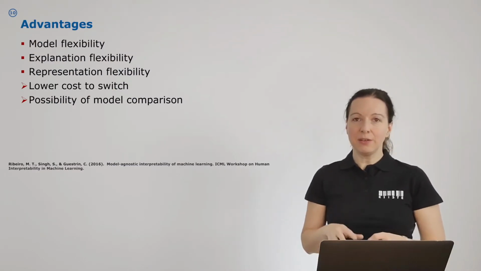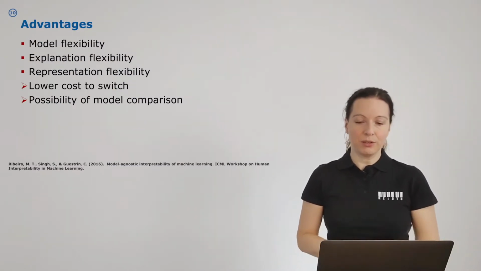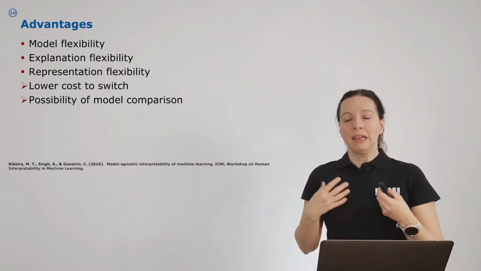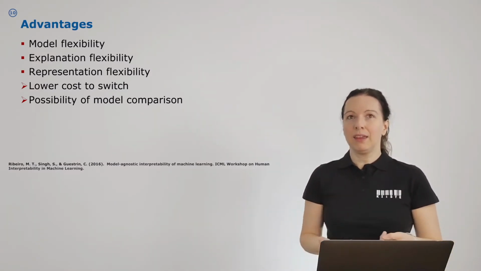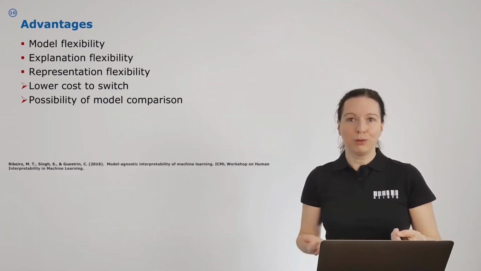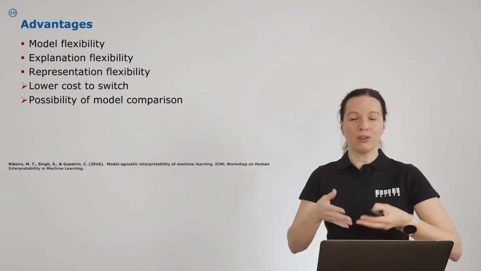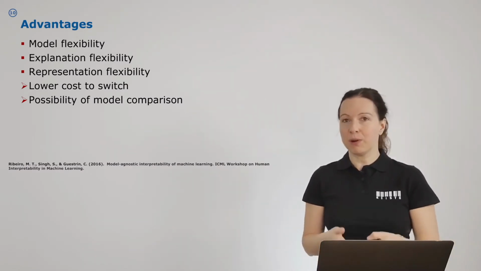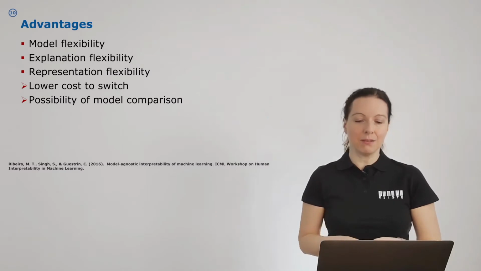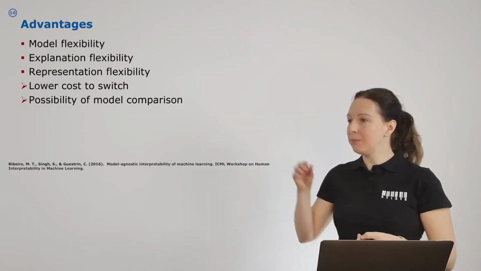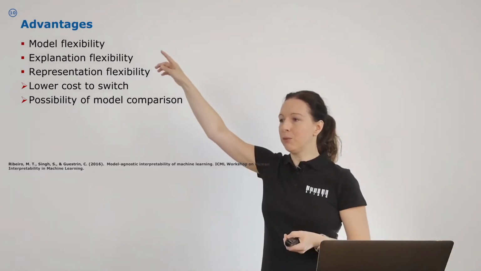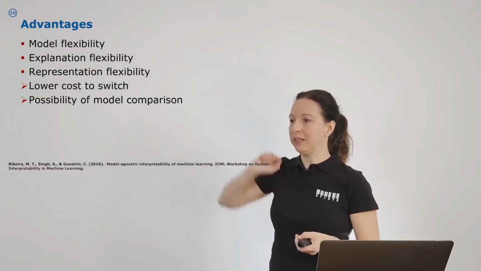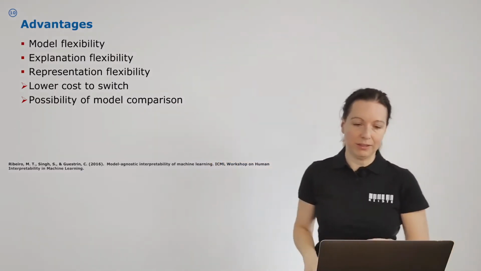So let's have a look at the advantages of model-agnostic procedures. First of all, you might think, why would it be good to ignore the model or treat it as non-transparent, as a black box? But there are some advantages, and they can be summarized as model flexibility, explanation flexibility, and representation flexibility.